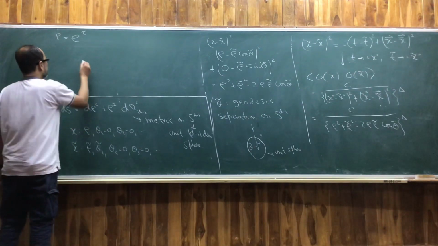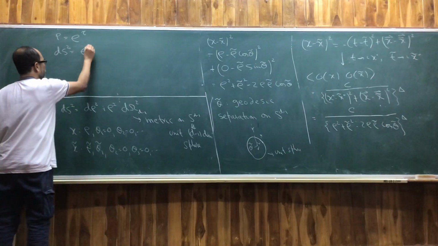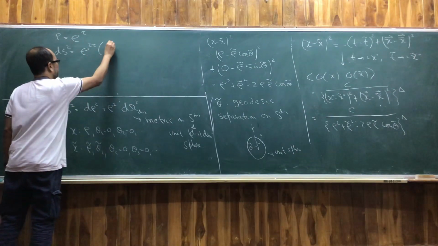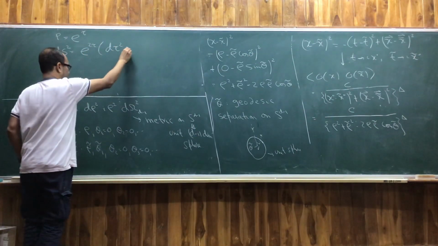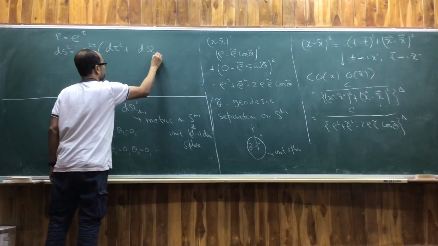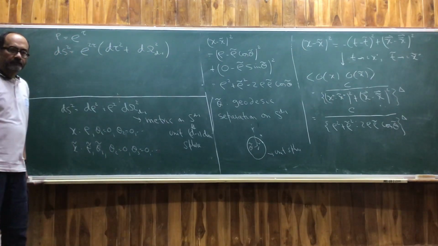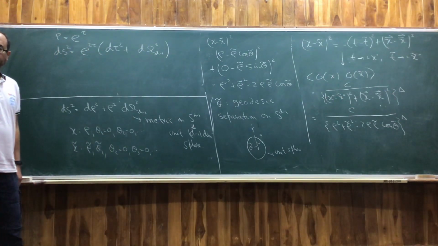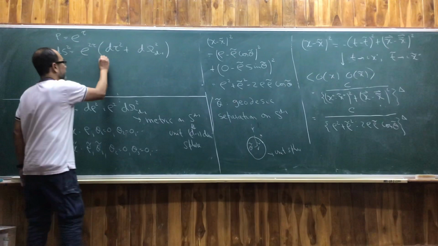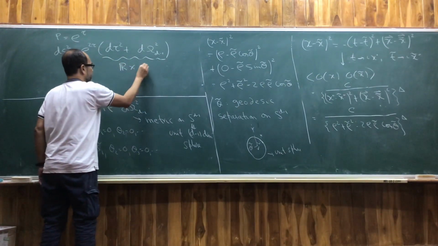So ds squared becomes e to the 2 tau times (d tau squared plus d omega_(d-1) squared). Right? This is a metric on R times S^(d-1).